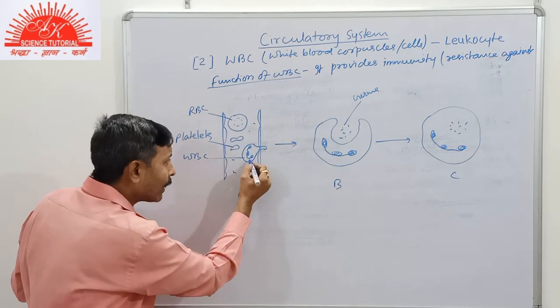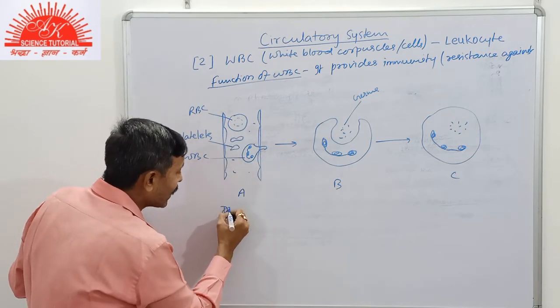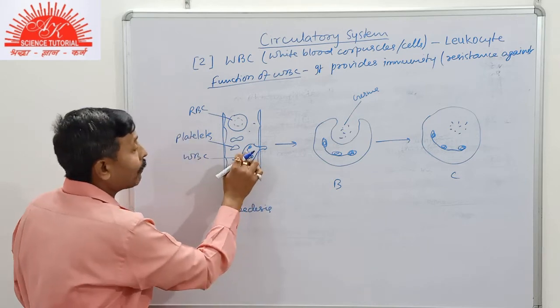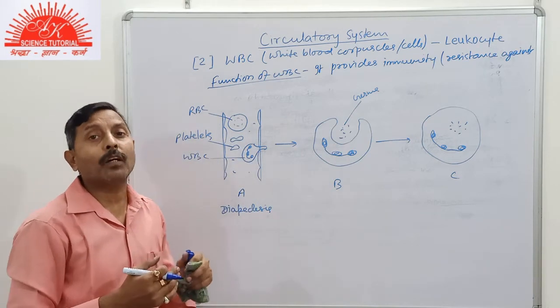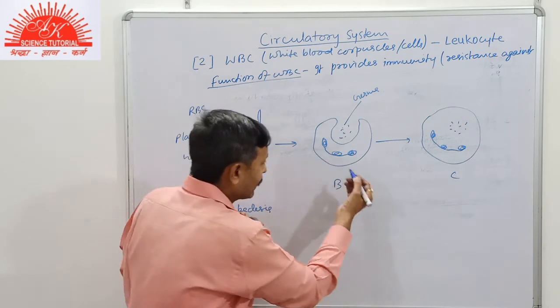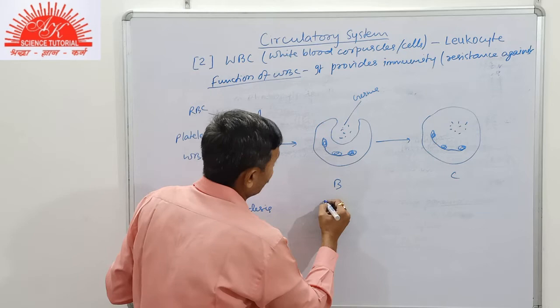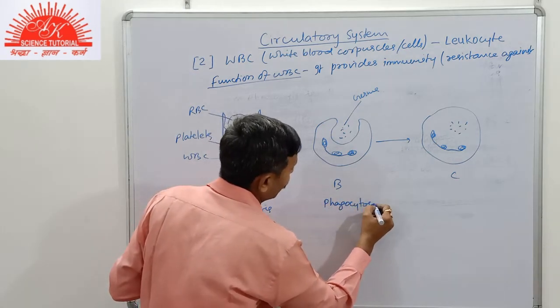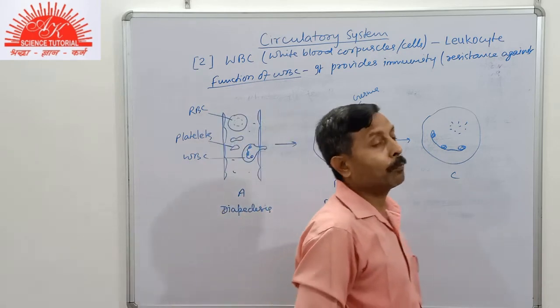Now in this part you see the process taking place is diapedesis. That is the process of squeezing out of WBC through the wall of blood capillary. In the second part, phagocytosis is taking place.